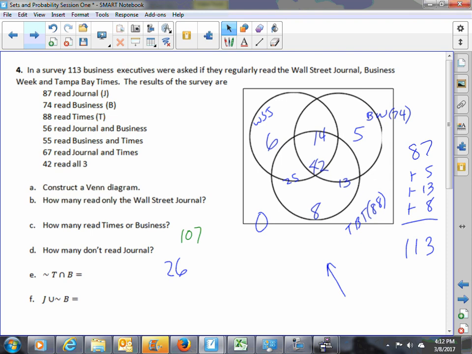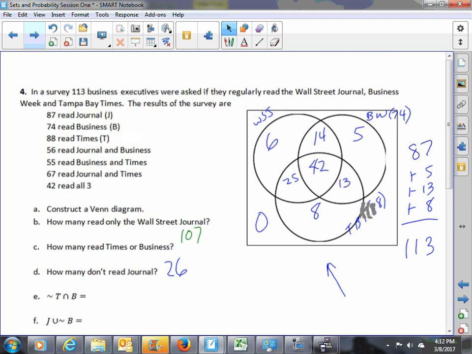That means we want to be outside this circle and intersected with inside this circle. So outside this circle, intersected with inside this circle, is just these 2, which is 19.